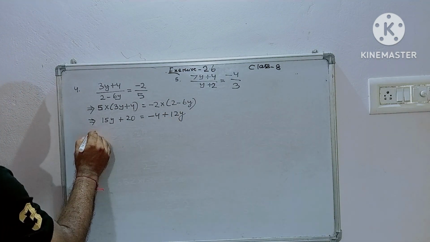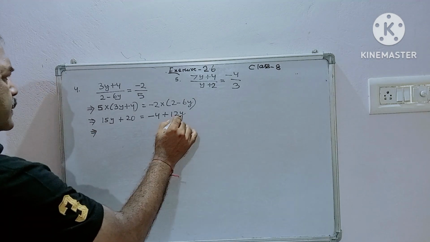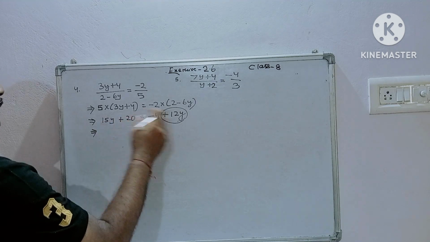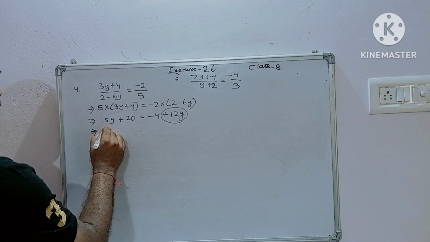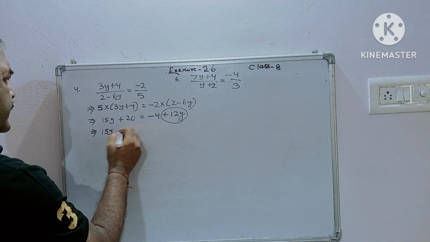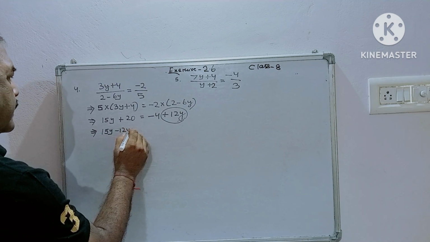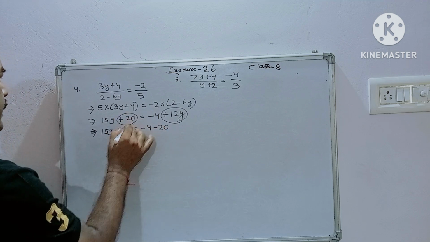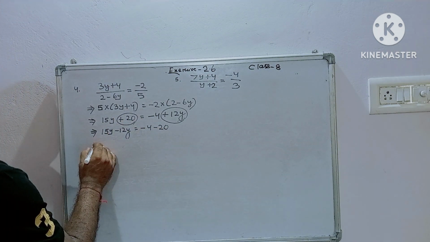Okay, and we transpose plus 12y to the left hand side and plus 20 to the right hand side. So we have to do this: 15y minus 12y is equal to minus 4 minus 20, because plus 20 will have to be shifted.